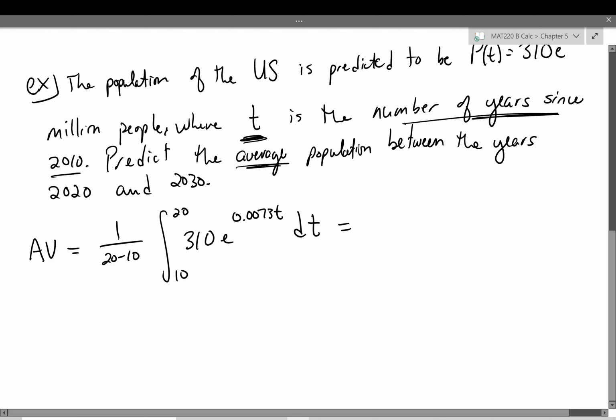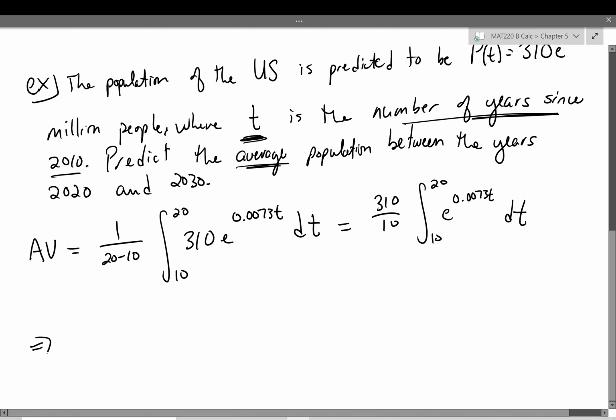So I'm going to take this 310, and I'm going to pull it out front. So that's going to give me 310 over 10 times the integral from 10 to 20 of e to the 0.0073t dt.